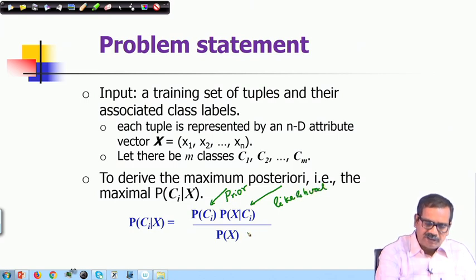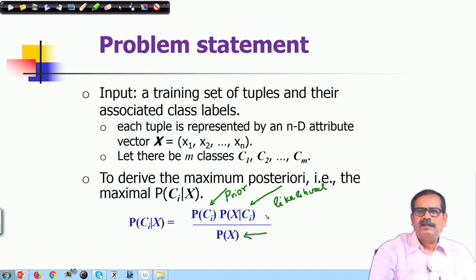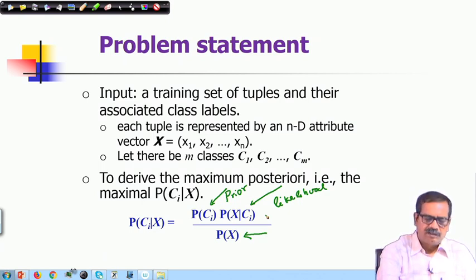And you can see in this numerator, probability of x, actually you do not need to compute it, because while comparing the values of probability of C I given x, or posterior probabilities, this denominator, the probability of x, is constant given the data x, for every class.